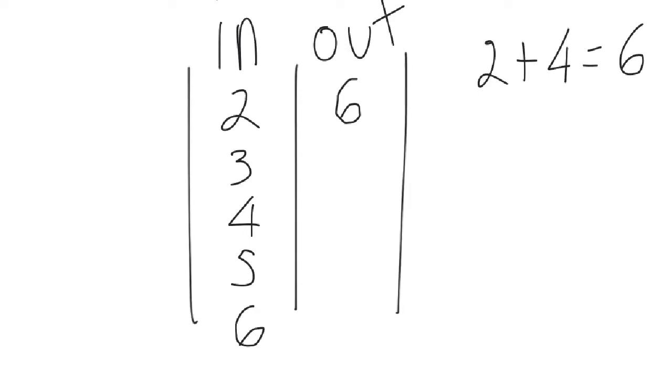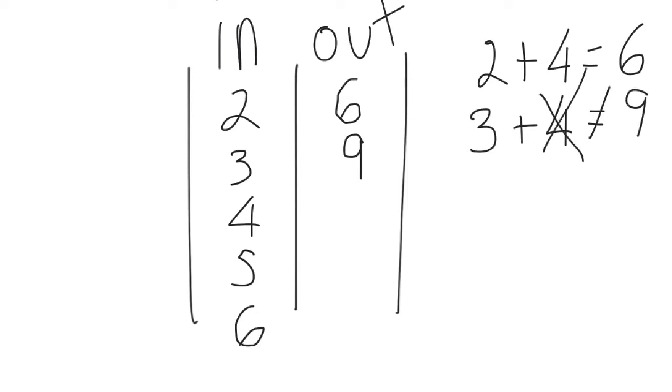Let's see if that's the number that I'm going to have here. Well, the number I actually have is 9. So what did I do to the 3? Did I do 3 plus 4? Well, 3 plus 4 does not equal 9. So I didn't do plus 4. So this plus 4 thing doesn't work. I'm going to erase that now because that's not what's happening.